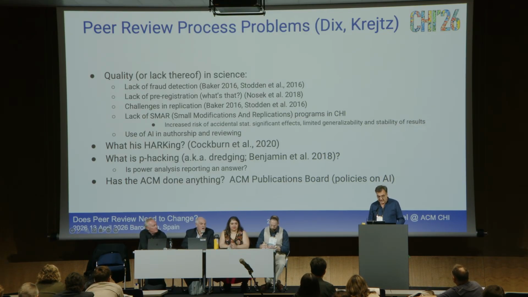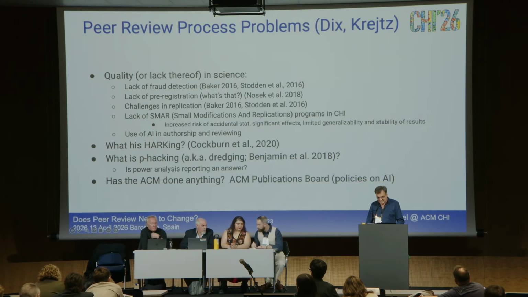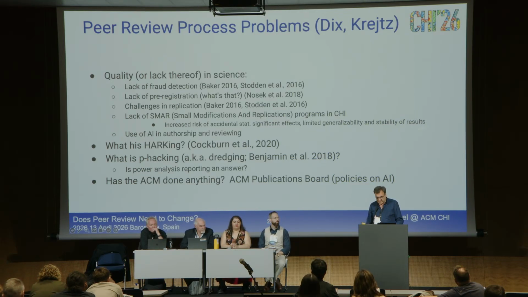Pre-registration means that you should declare a hypothesis, your methods, and analysis plans before seeing the results, and this is still far from routine. And the big issue is that replication remains difficult, undervalued, and often less rewarded than novelty, especially in fast-moving fields.